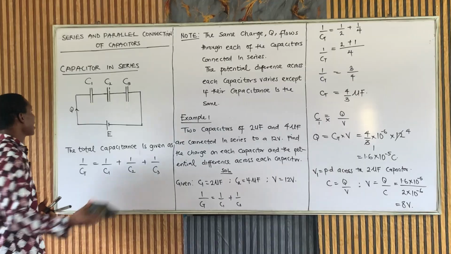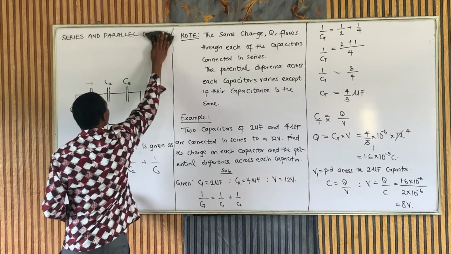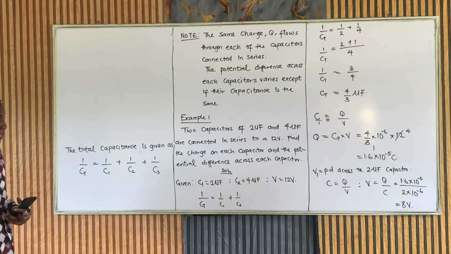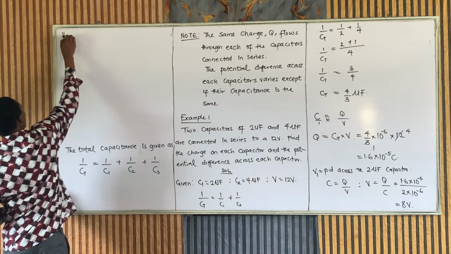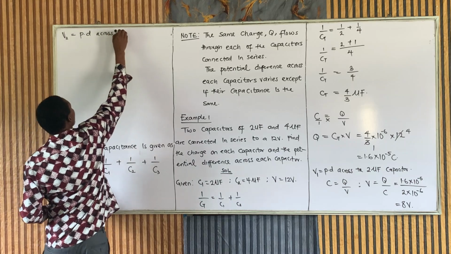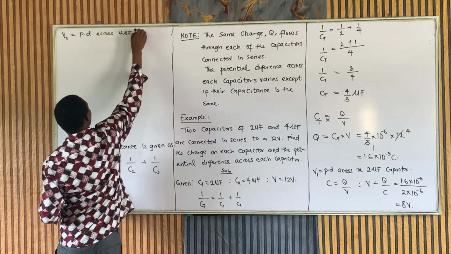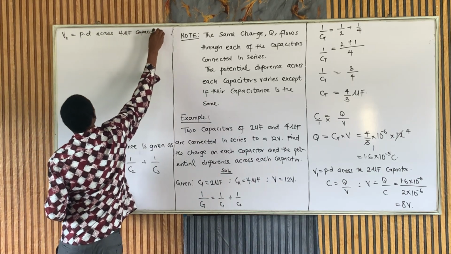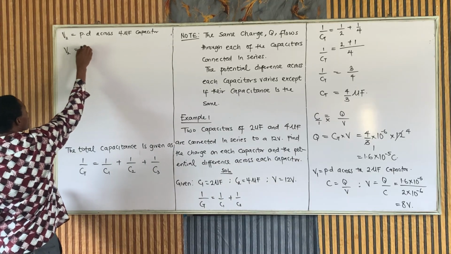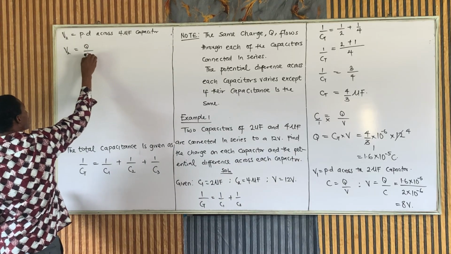For the second one now, let's get its voltage. So V2, we call it the PD across the 4 microfarad capacitor. And so let's get the voltage now. We know that, again, V2 will be Q over C2.